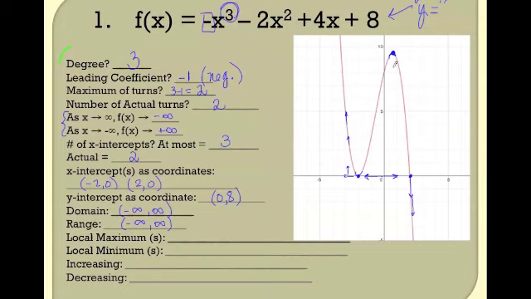Once it's in your y equals, hit second, trace, and then choose maximum. Set your left bound and right bound by toggling and clicking enter.